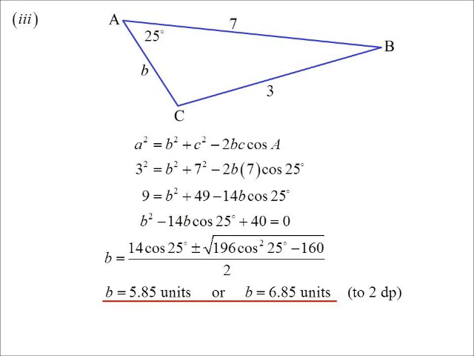Without more information, I can't really tell which one it's going to be. Because 5.85 and 6.85, both of them are in between 3 and 7. So even if I found the other angles, I can't use the idea of the largest side opposite the largest angle and so on. So the best I can do is say there are two possibilities for that one.